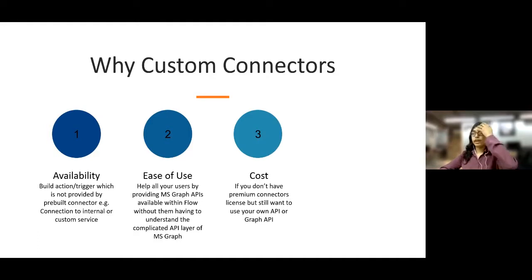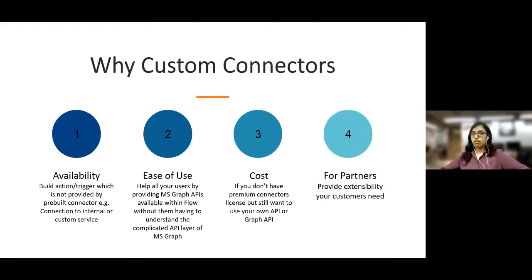Also, in a scenario where your license applies to a Microsoft 365 license, you don't have any Power Apps or Flow plan 1 or plan 2, and still you want to use Graph API, then at least you can create one custom connector for your Graph API.